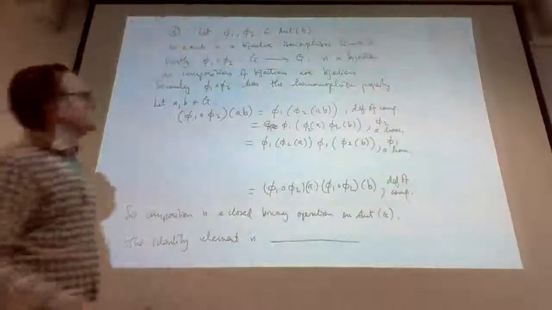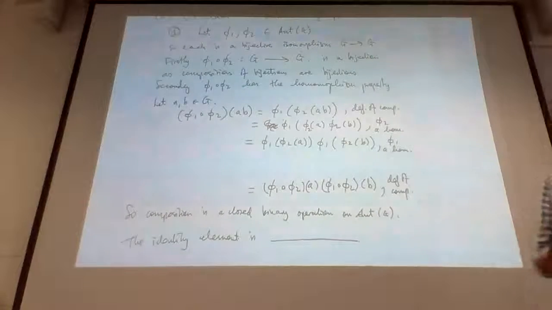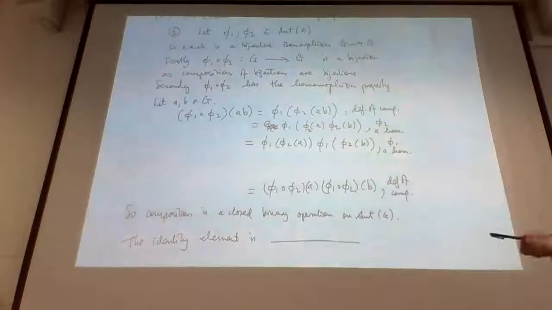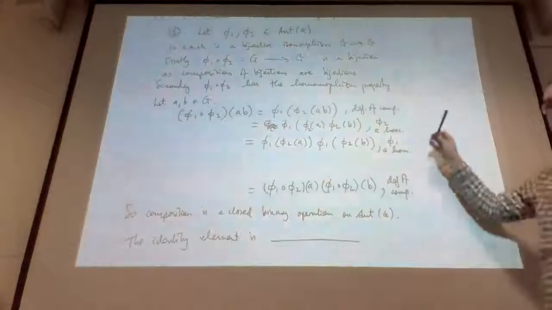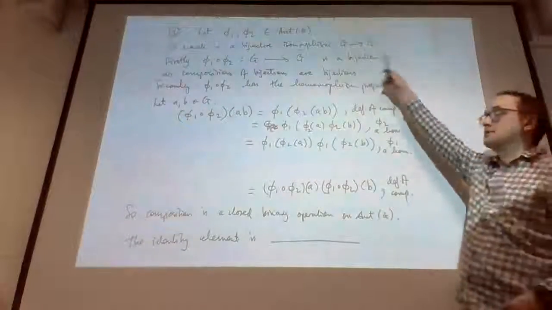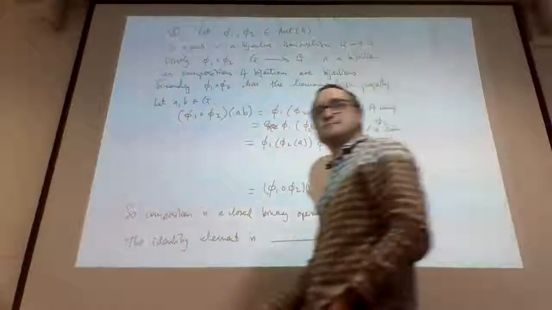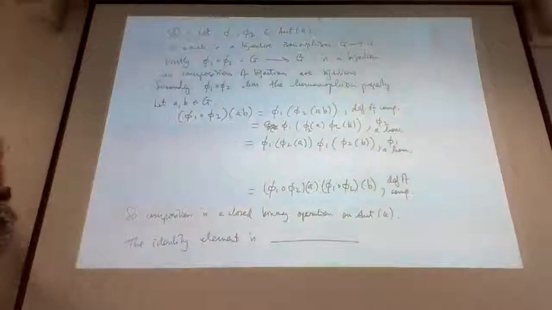So I'm asking you to name a map from G to G. The one where it just stays the same. It's got a name. Yeah, that's the identity. It's the identity map from G to G. Just like the identity matrix has the name identity.